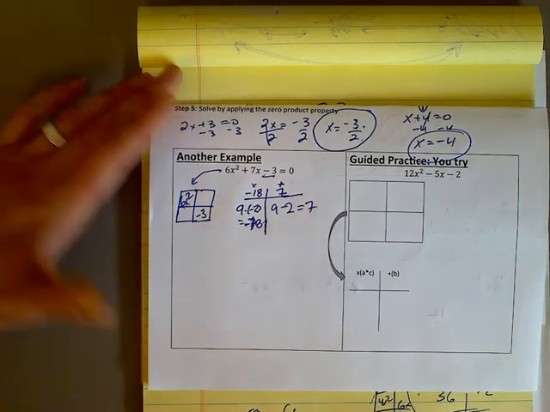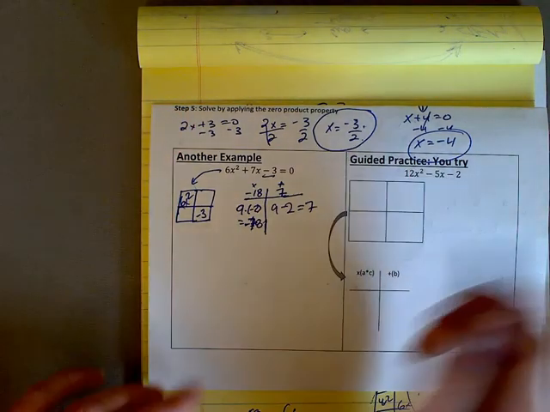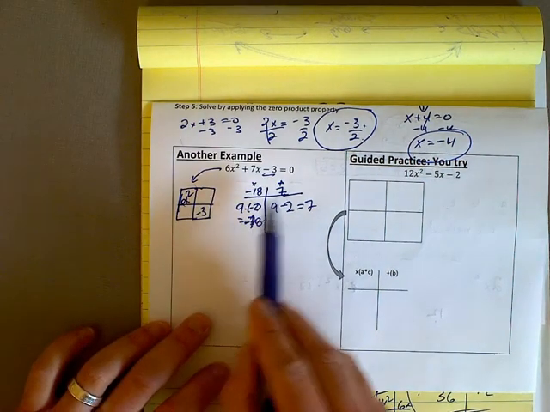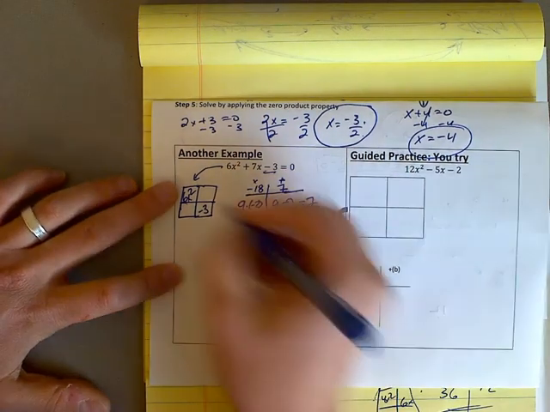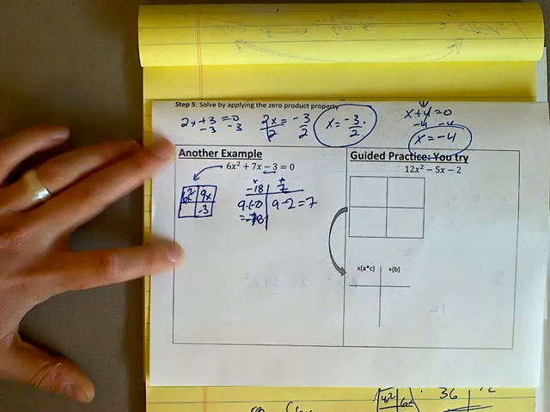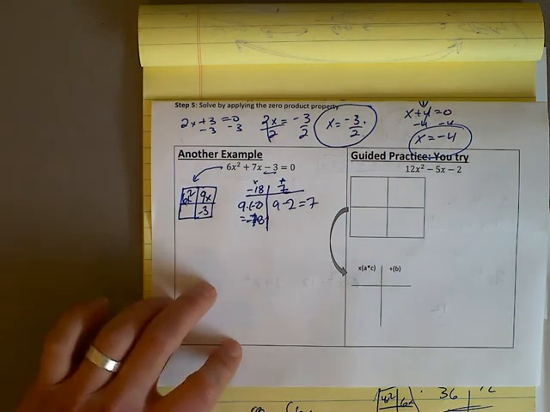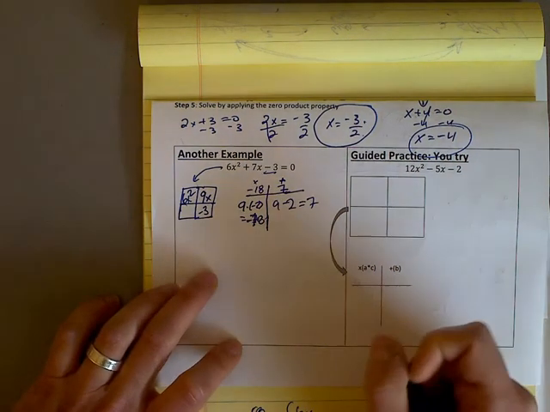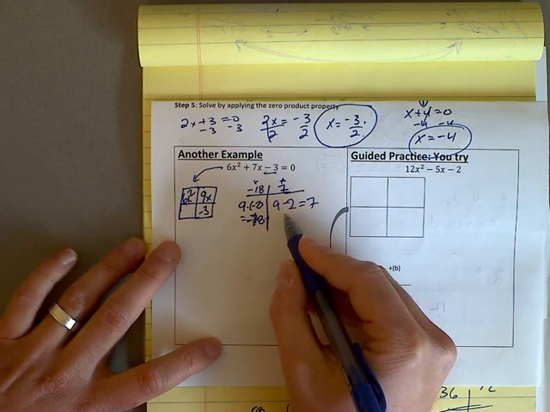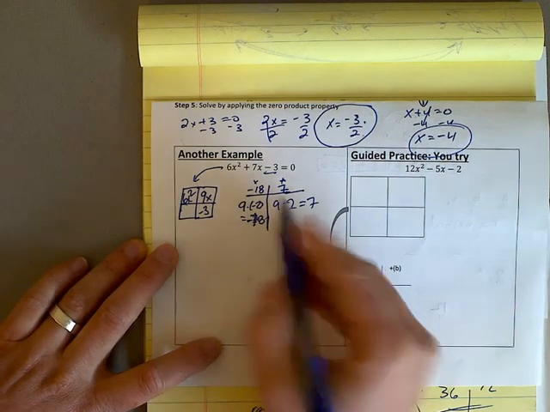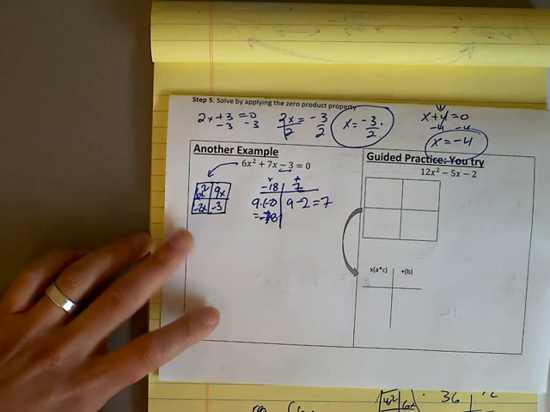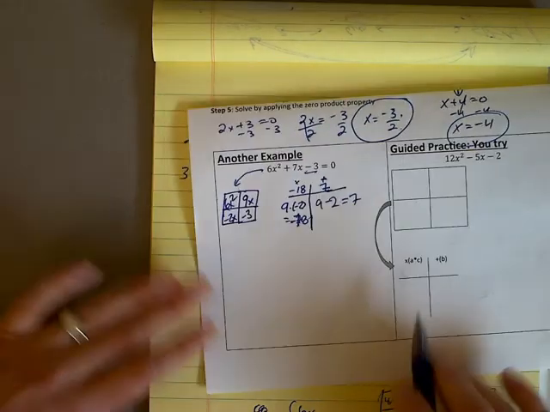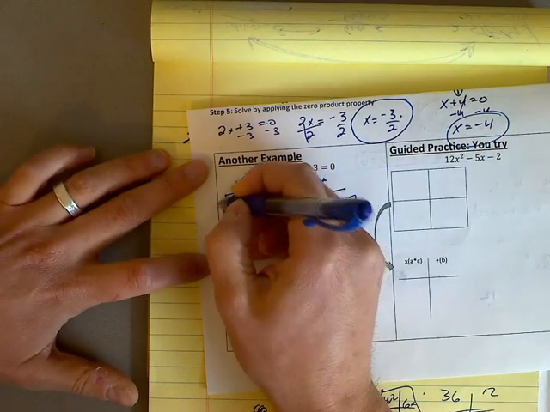And that would actually work. So that means the factors that give me negative 18 and 7 are going to be 9 and negative 2. So I'm going to put the 9x over here. And I'm going to put the 2, again it has to be negative 2, in the other box. And then we're going to factor the rows and factor the columns.